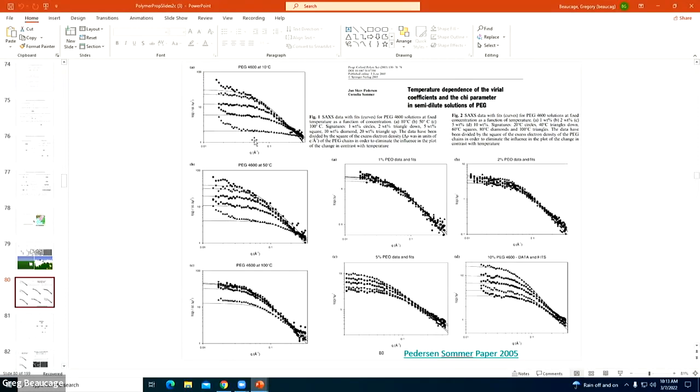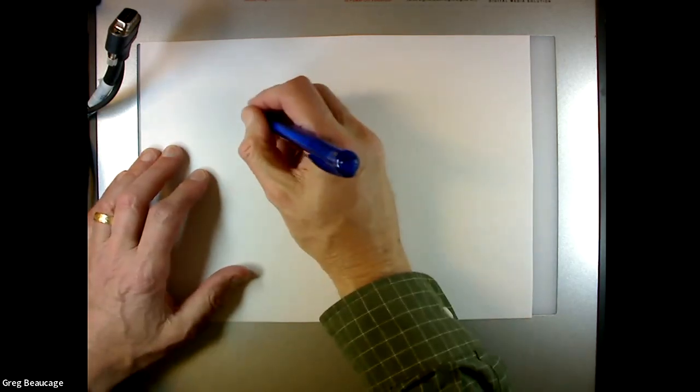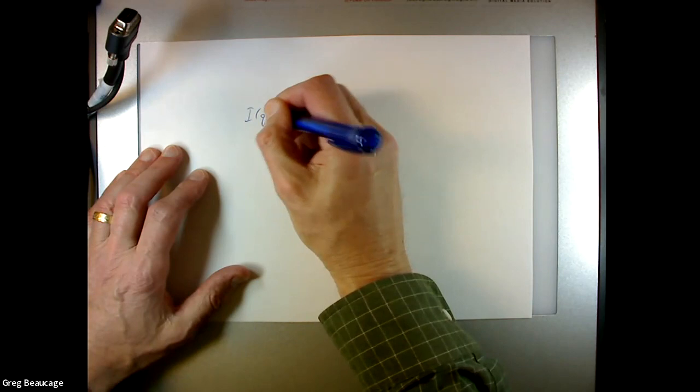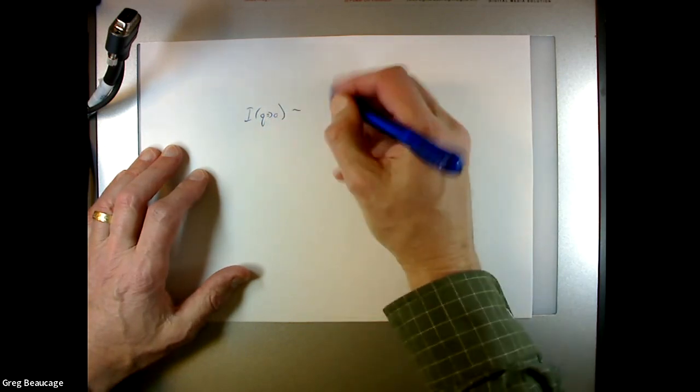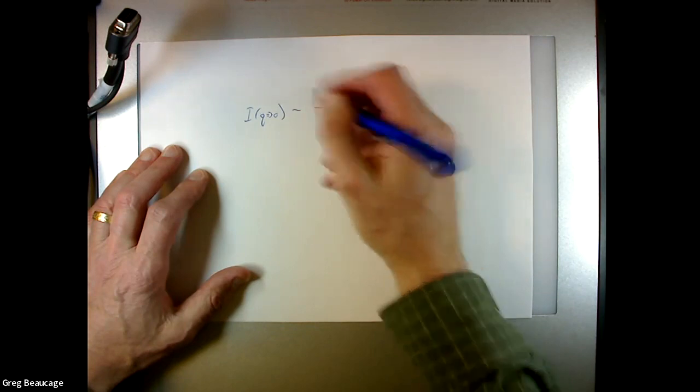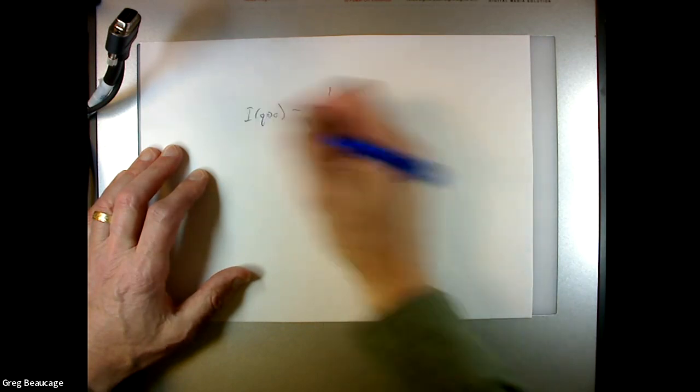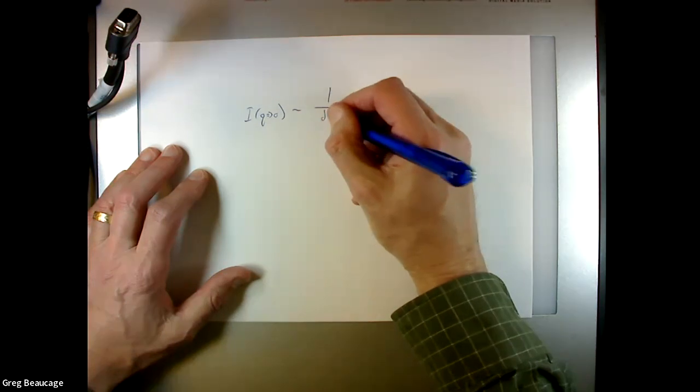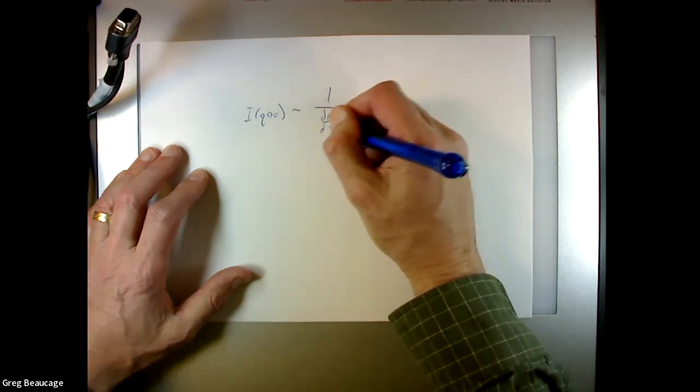this I naught, the intercept over here, is going to be proportional to basically the change in osmotic pressure with respect to the concentration.